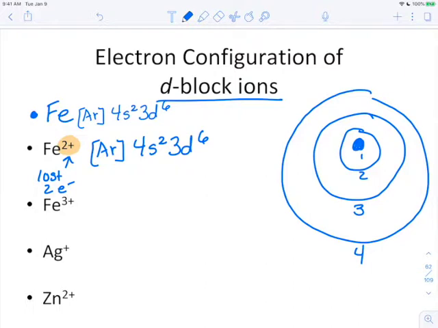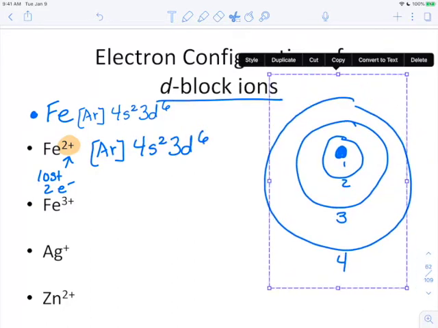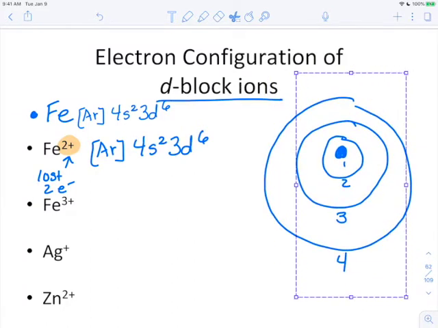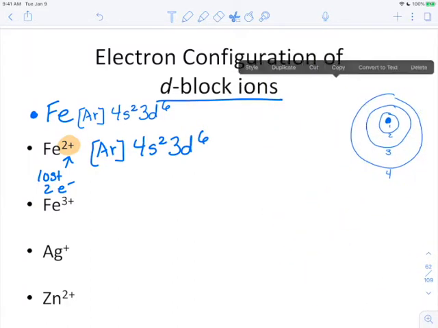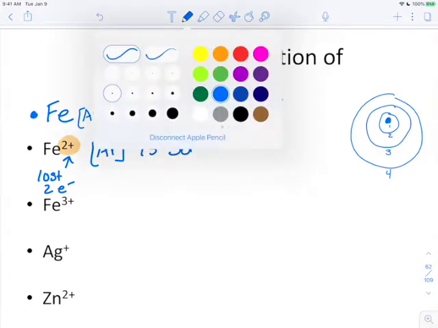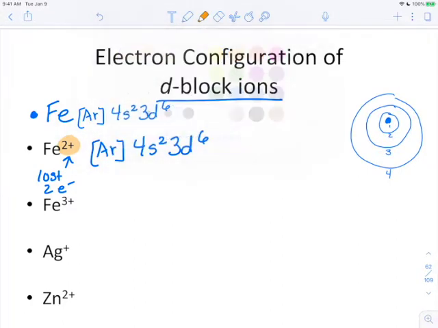So let me ask one more time: 4s or 3d? Where are we going to take our electrons away from? Excellent, it sounds like we've got more agreement on the 4s. And it is indeed the 4s that we need to remove them from.